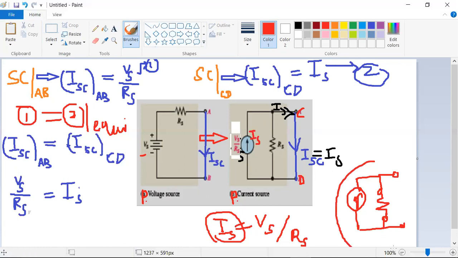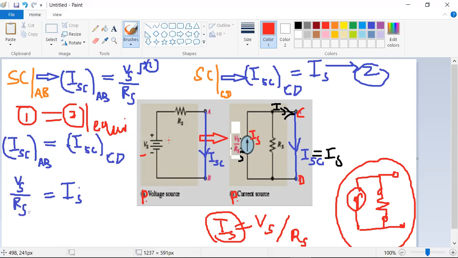Already we discussed this topic in our previous slide. That is the reason I added resistance in parallel here, and in series there. When the resistance is in series with the voltage source, it is a practical voltage source; when the resistance is parallel to the current source, that is named a practical current source.